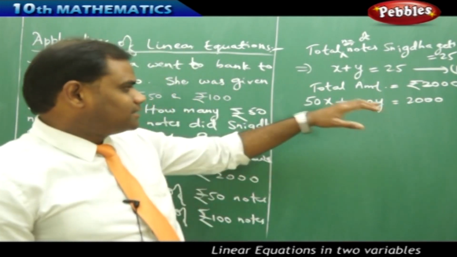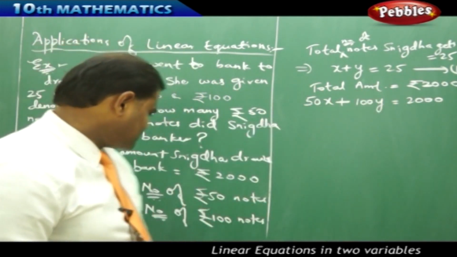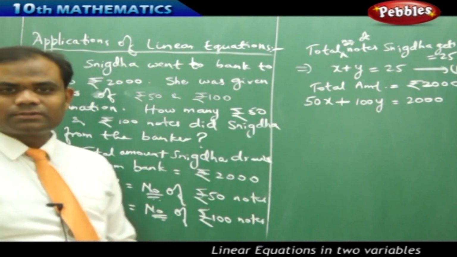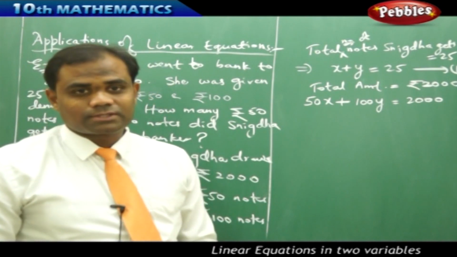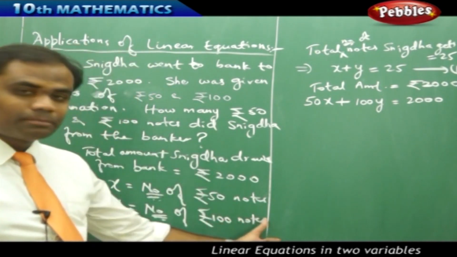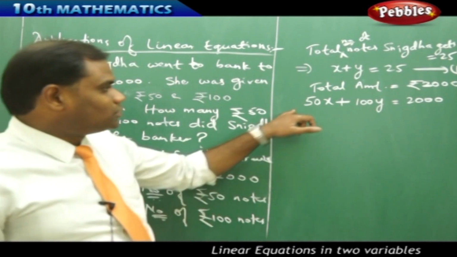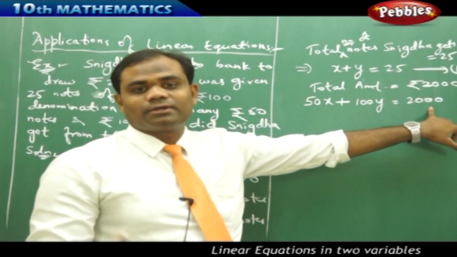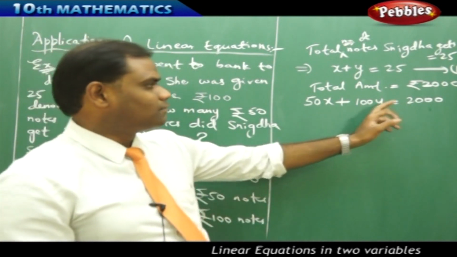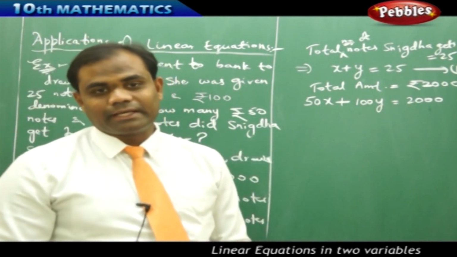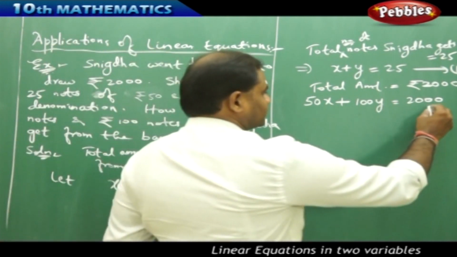So I get this equation because x is the number of 50 rupee notes, and we don't know how many 50 rupee notes there are. So 50 rupee notes taken x times plus 100 rupee notes taken y times will totally give me the total amount Snigdha is drawing from the banker. So when I add up, 50x plus 100y equal to 2000 is what I get as the second linear equation.